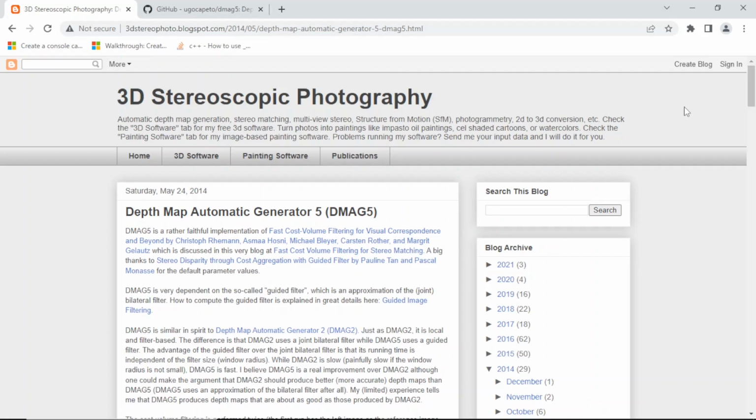Well, hello. Today we're going to talk about Depth Map Automatic Generator 5, aka DMAG5. The advantage of using DMAG5 over DMAG2 is that it's faster, and the running time doesn't depend on the radius. That's the main thing.